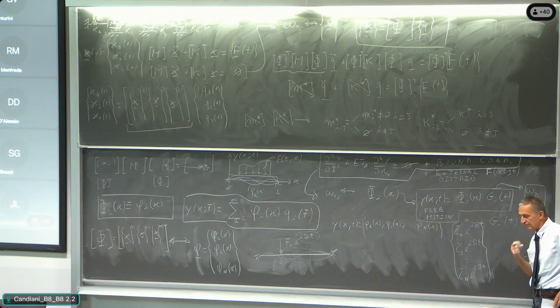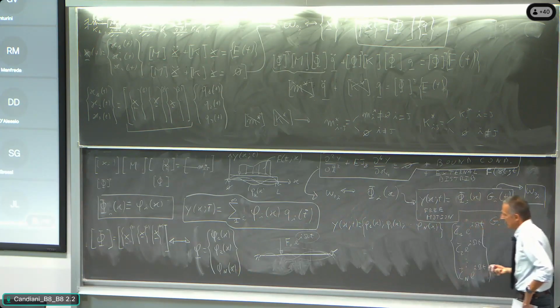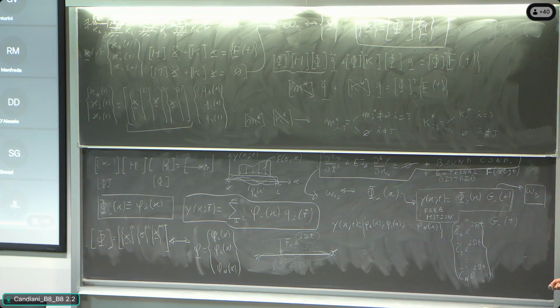So the meaning of what we are doing, we are saying that we are representing the way in which, in an overall way, the system is answering to the excitation as the superposition of the way in which each single mode is answering to that excitation. And then all of that is superimposed.